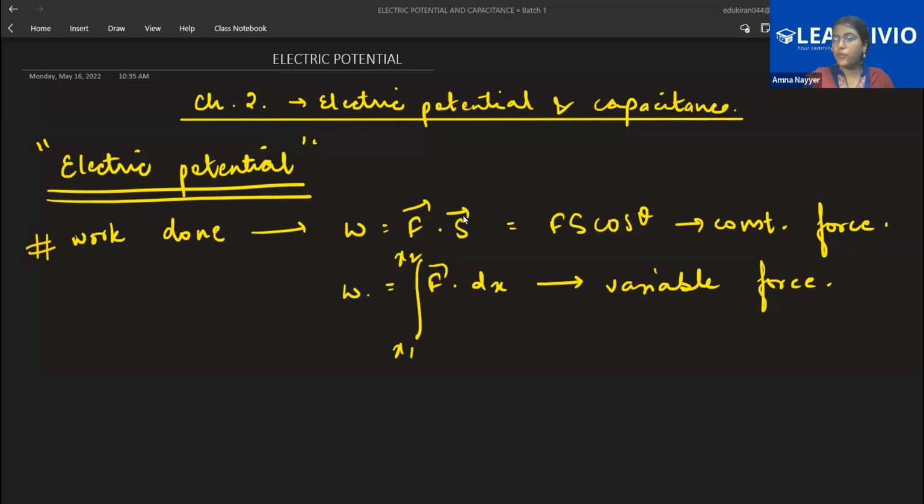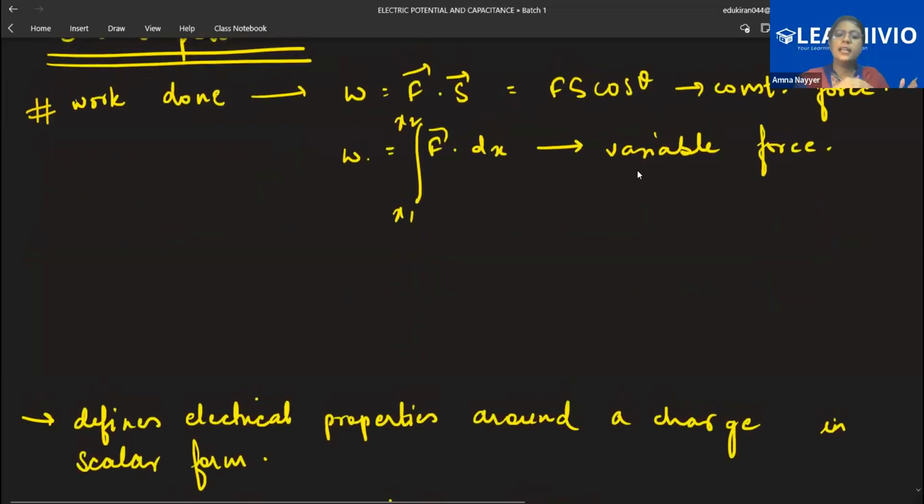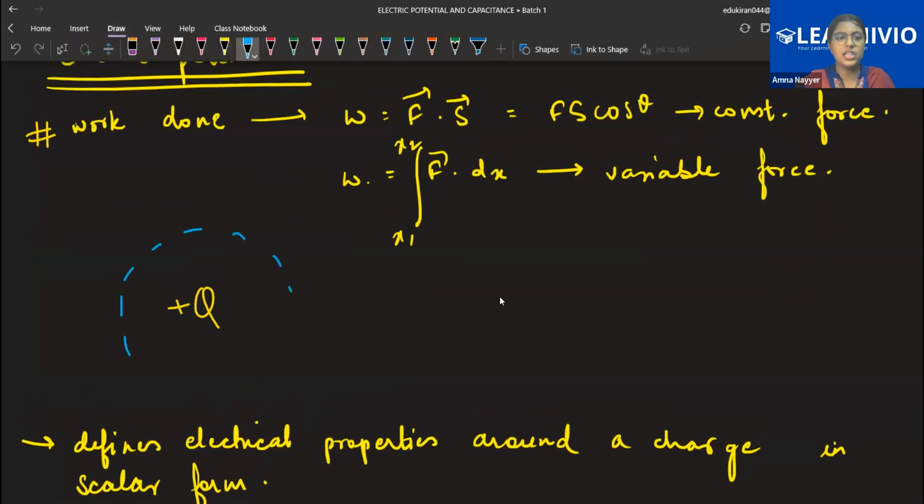Now see class, work done is this. All right. Now what is potential? Potential is also a type of, you can say, scalar form of electric field. You have a charge, and around this charge the scalar form is called the potential.